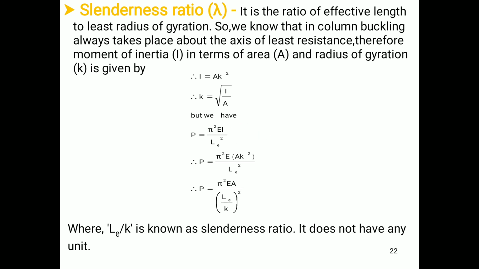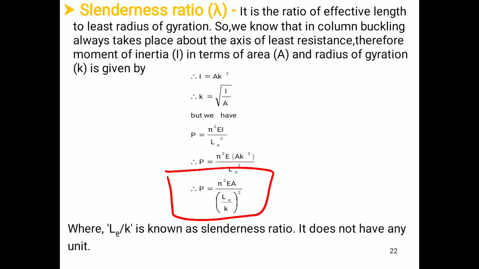We will have P is equal to pi square E into AK square upon Le square. After simplification, we will have the final equation: pi square EA upon, whole, Le upon K bracket square.